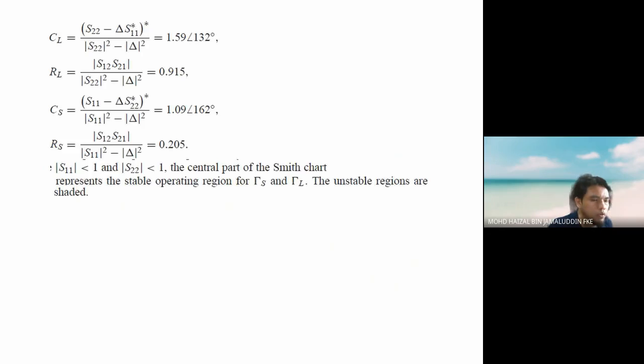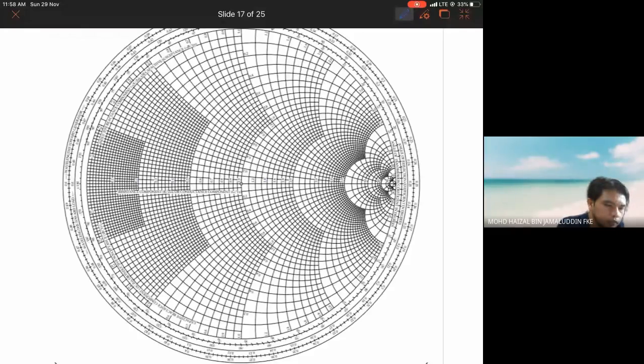Before we proceed with that, let's say you have this Smith chart, printed maybe on A4 paper, A5 paper, and so on. The first thing you need to do is take a ruler and measure this distance.